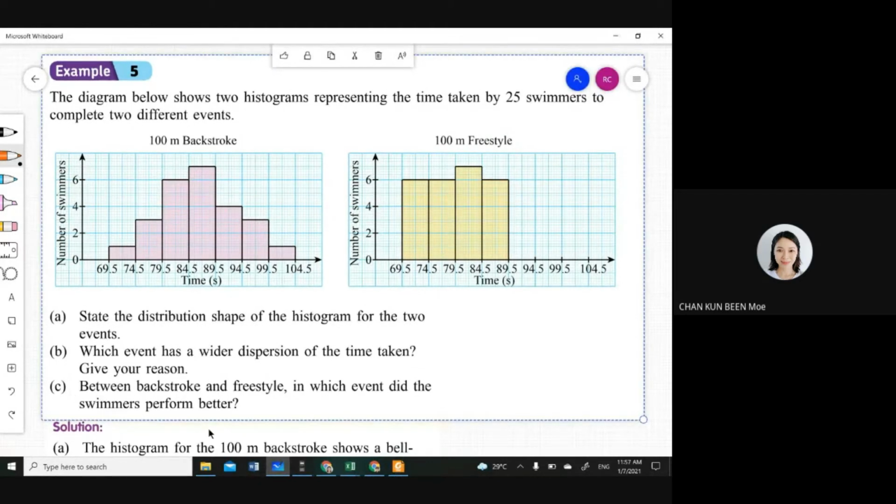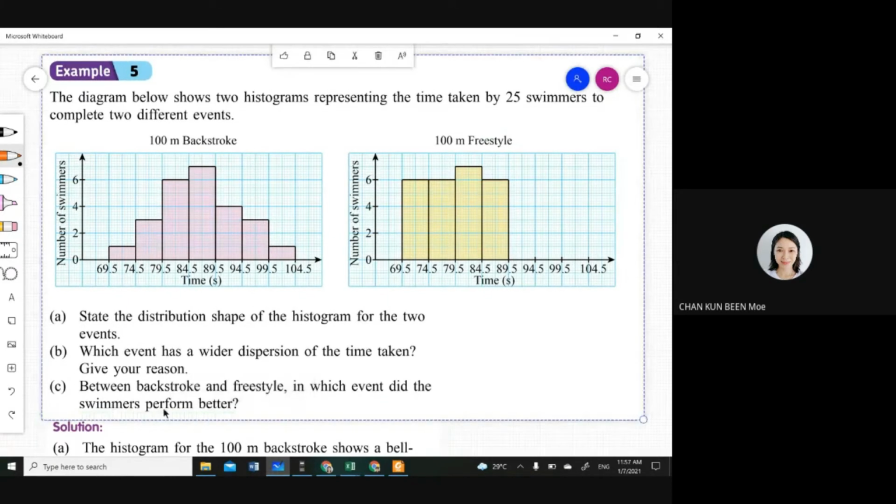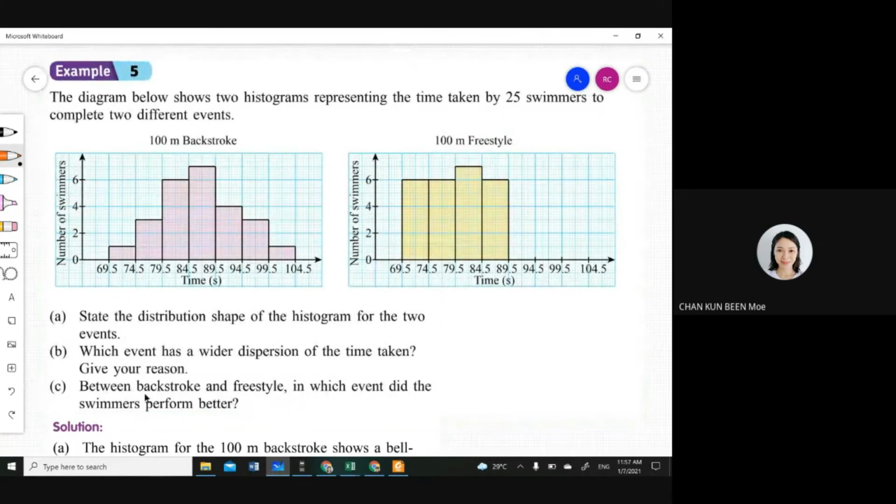C. Between backstroke and freestyle, which event did the swimmers perform better? If you look at this one, we have one swimmer performing at about 69.5 to 74, then 3 swimmers in this range, then 6 swimmers in this range, and this one, 7 swimmers.